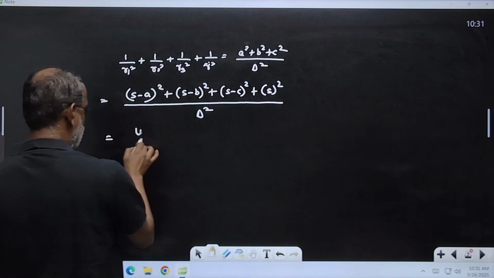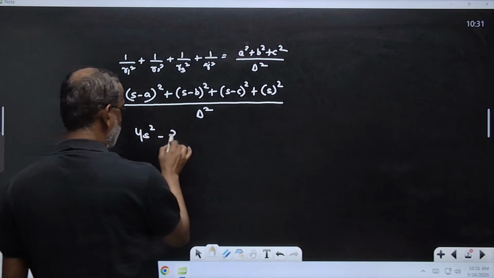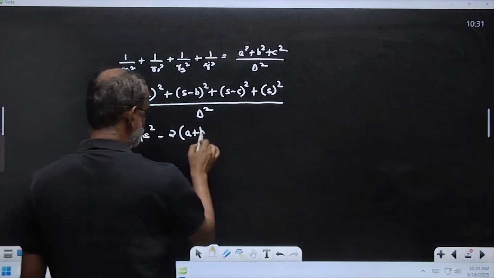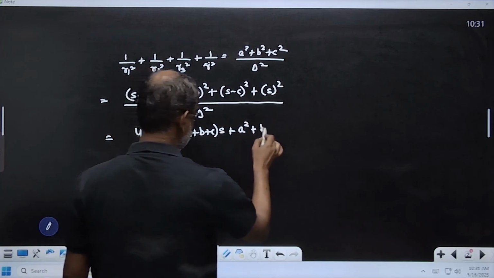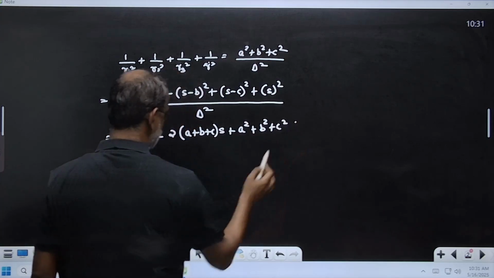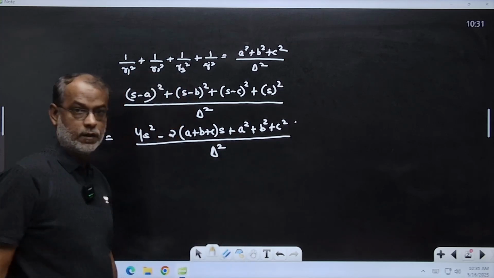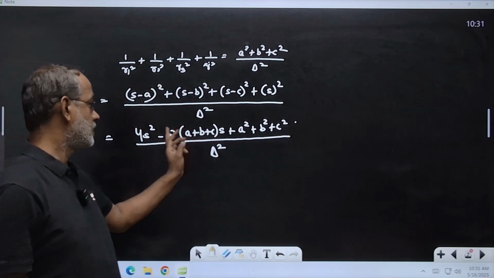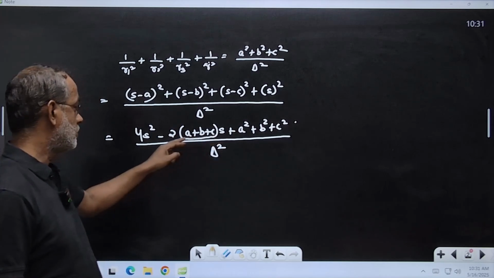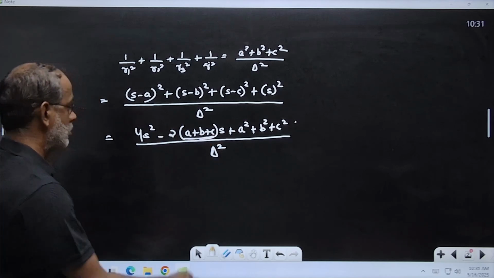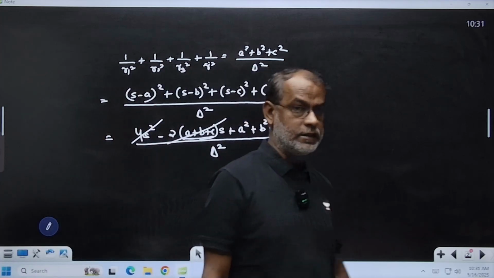So, what does this become? 4s square minus 2 times the sum upon delta square. Fine. 2s is a plus b plus c. So, this is also 2s. This and this get cancelled out and you get the desired result.